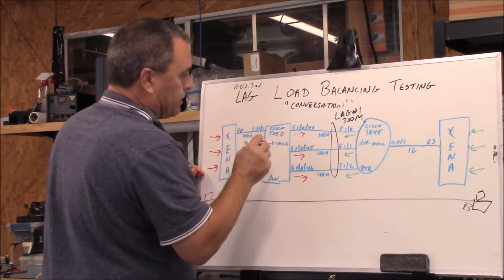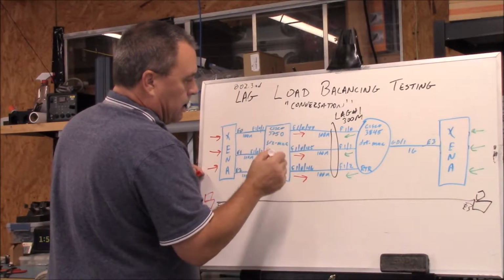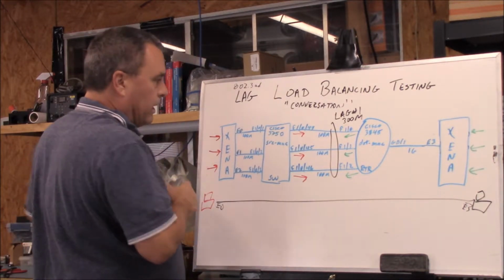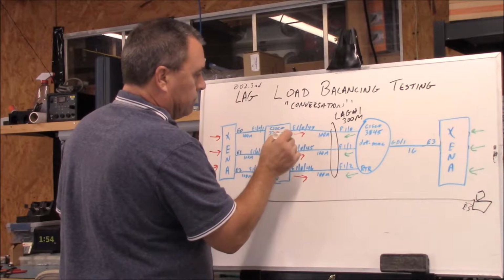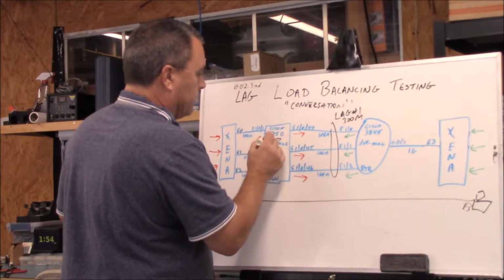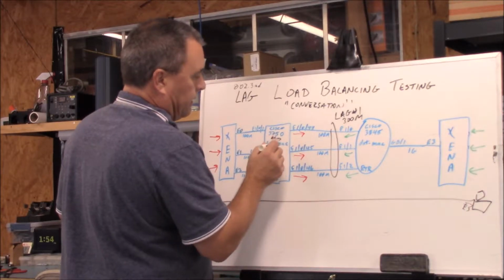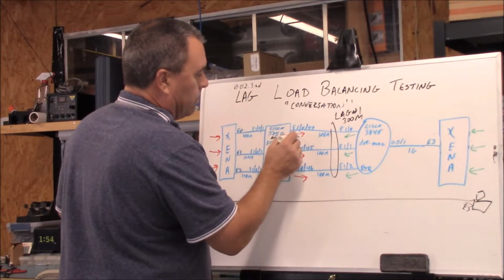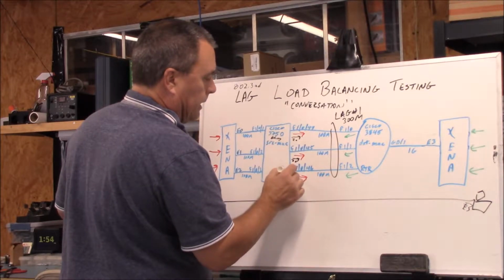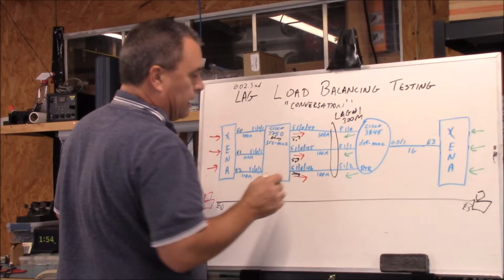And the reason why is because the switch will not try to split up, let's say you have 100 megs or 60 megs coming in. It's not going to try to do 20 on this link and 20 on that link and 20 on that link.